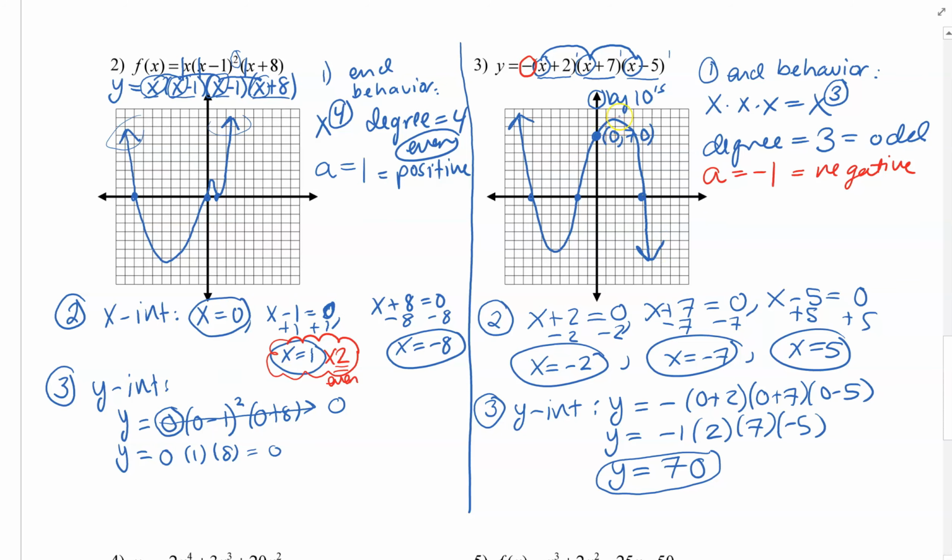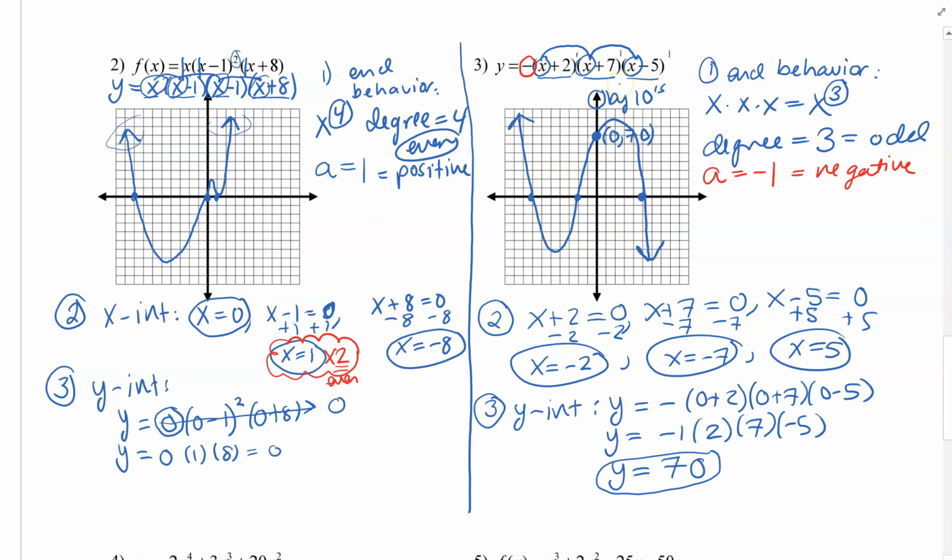I don't know for sure. I'm just kind of following what I've seen before. So at this level, it doesn't matter how high or low your turning points are. What matters is if your end behavior is pointing in the right direction, if your x-intercepts are on the right spot, and if your y-intercept is on the right spot. So I think this looks pretty darn good.